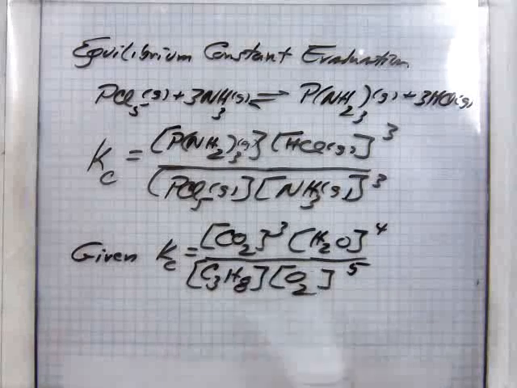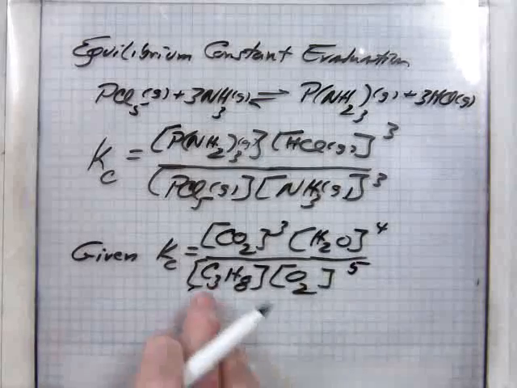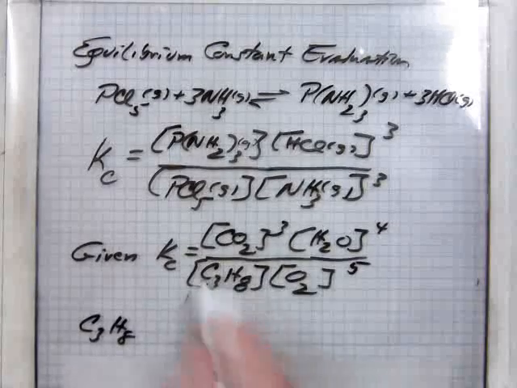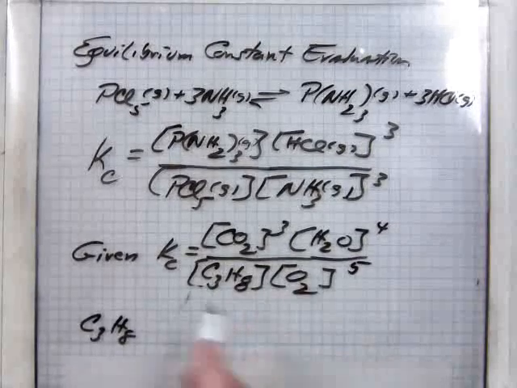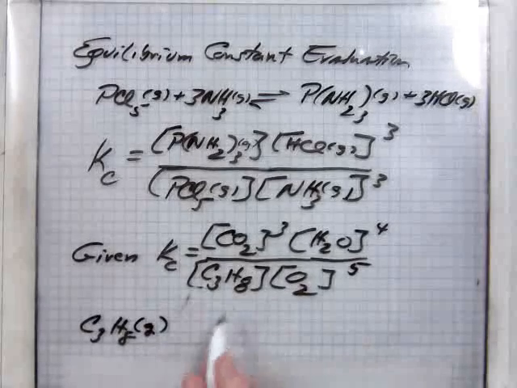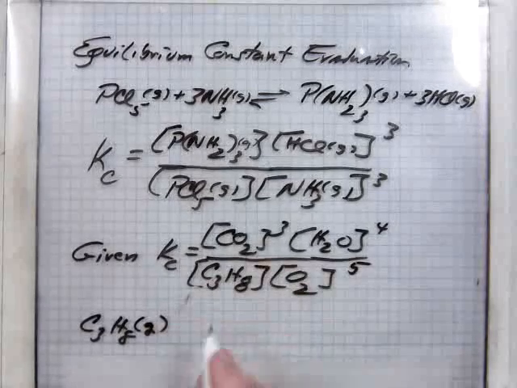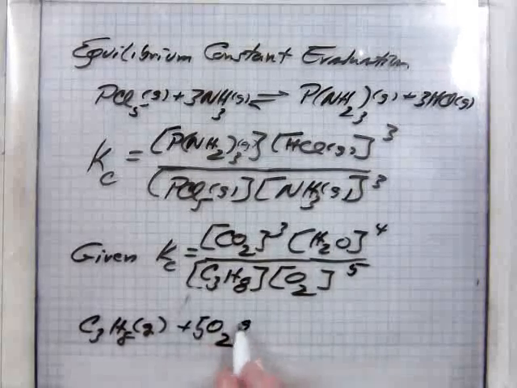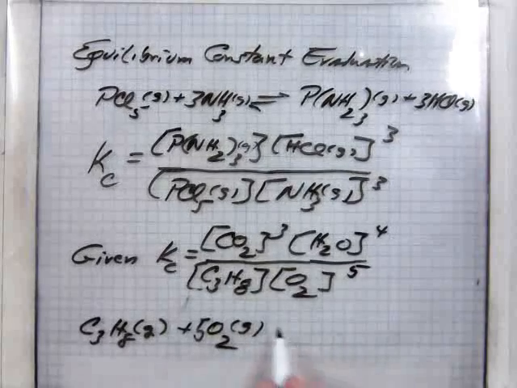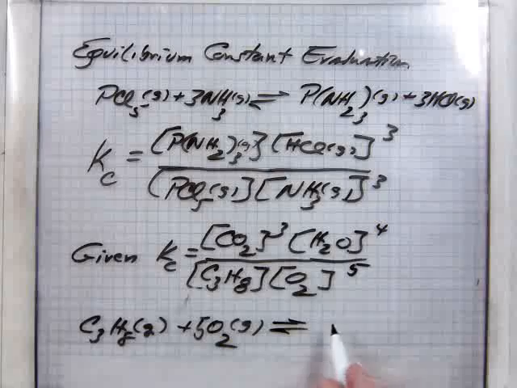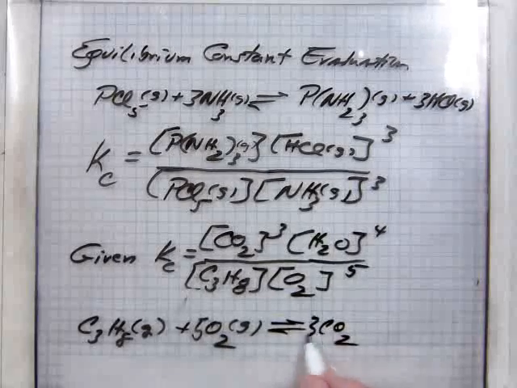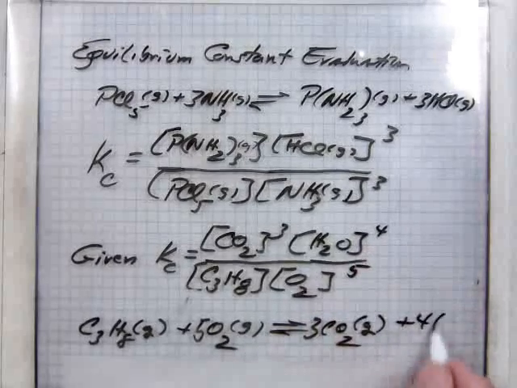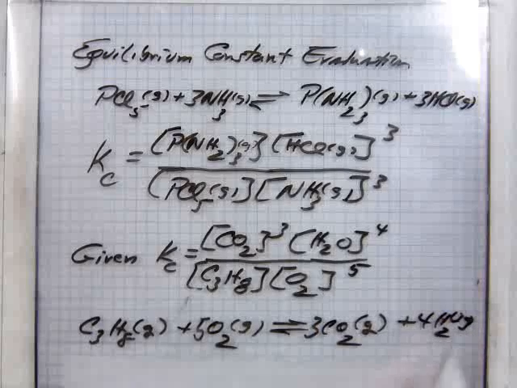Okay, well, what are we looking at? Products over reactants, so you extract the reactants: C3H8, and there's only one of them. There's no power value. It's in gas phase. All of them are in gas phase, plus O2 with a power of 5, so it would be a coefficient of 5, and that's in equilibrium with 3 moles of CO2 gas and 4 moles of water vapor.